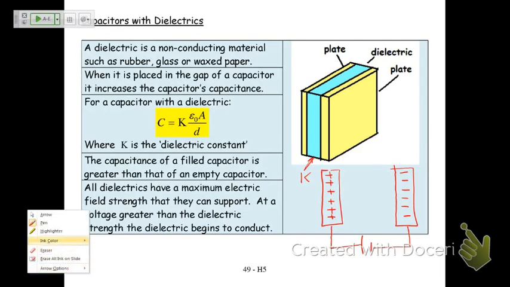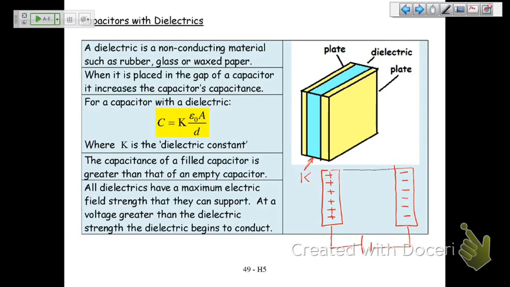What I can do is put in here some kind of insulator. Now, I'm not going to draw all the atoms in this. I'm going to draw just one atom. So I have an atom, atom, atom, atom, atom, atom.